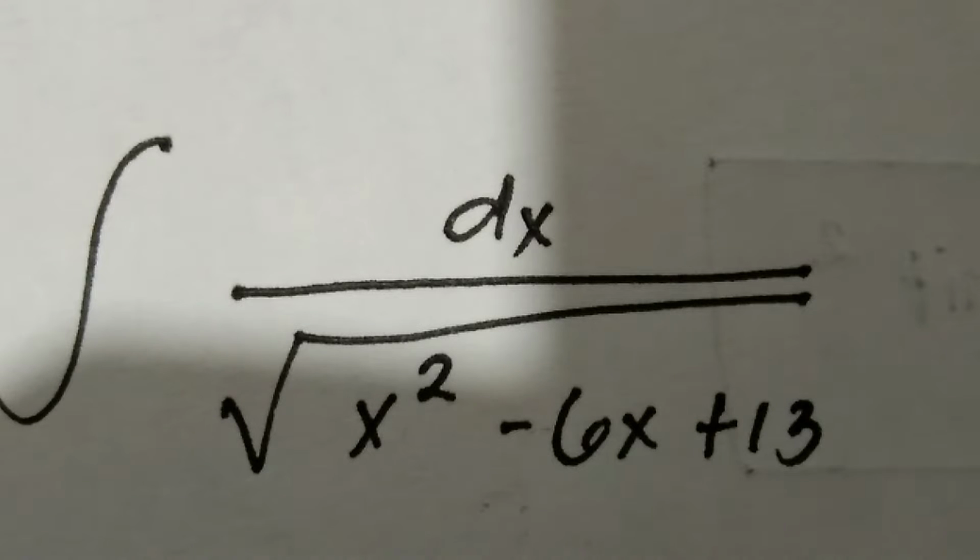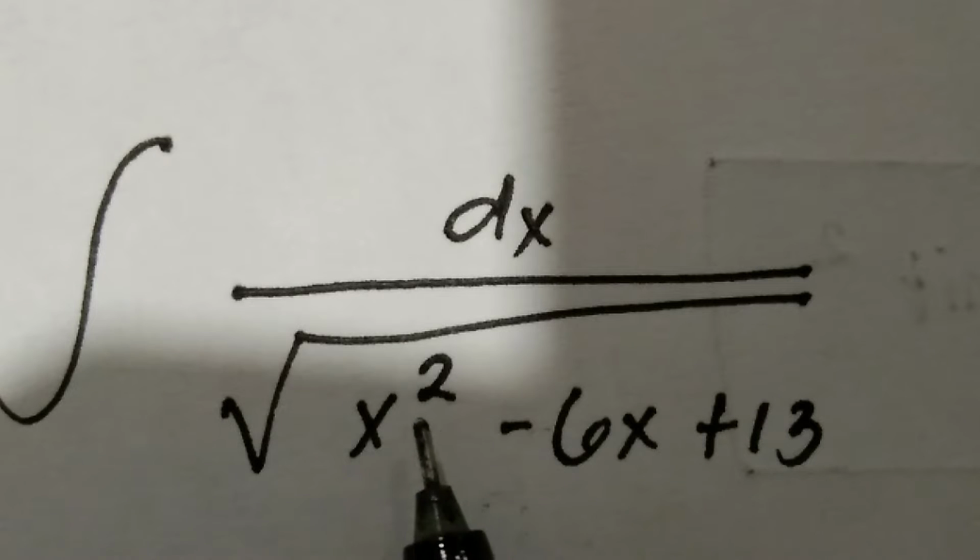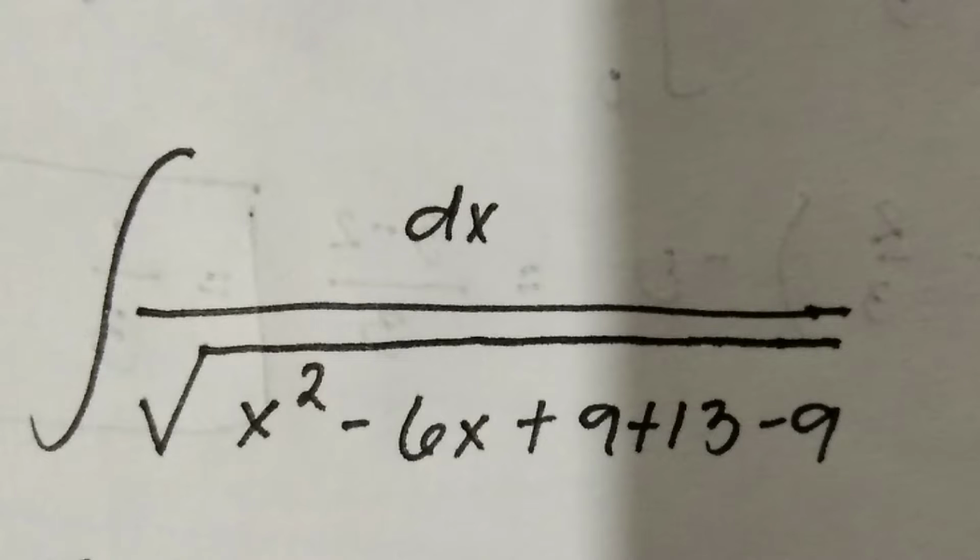If we encounter a square root of a trinomial in the denominator and the highest exponent is square, the first thing to do is try to complete the square. So it's going to be the integral of dx over square root of x squared minus 6x.